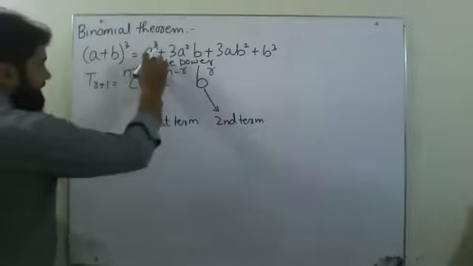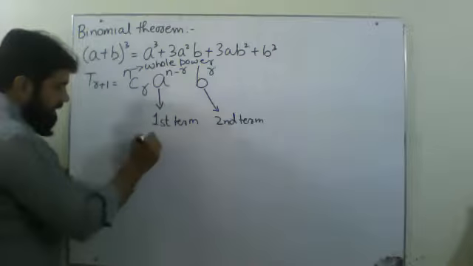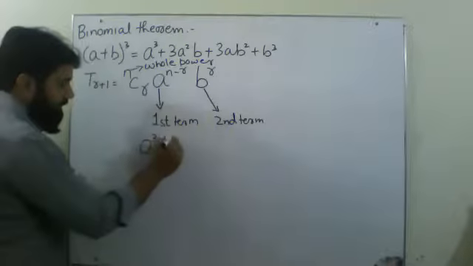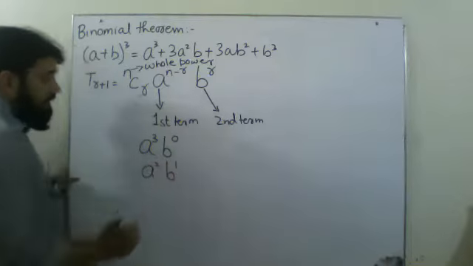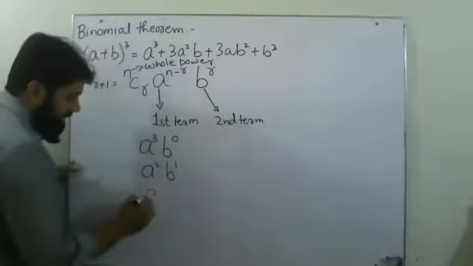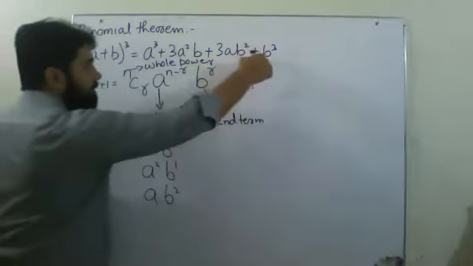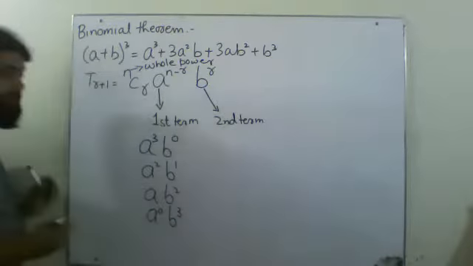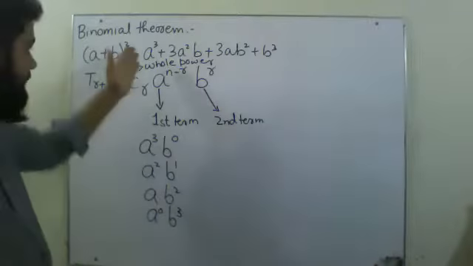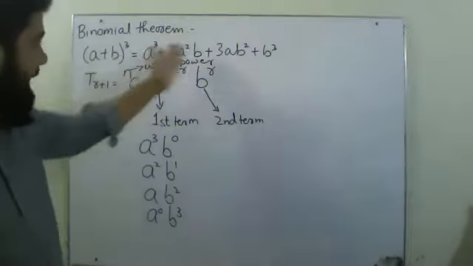So let's write these things: a cube b power 0, or a square b power 1, or a b square, or a to the power 0 b cube. They are written in a pattern.